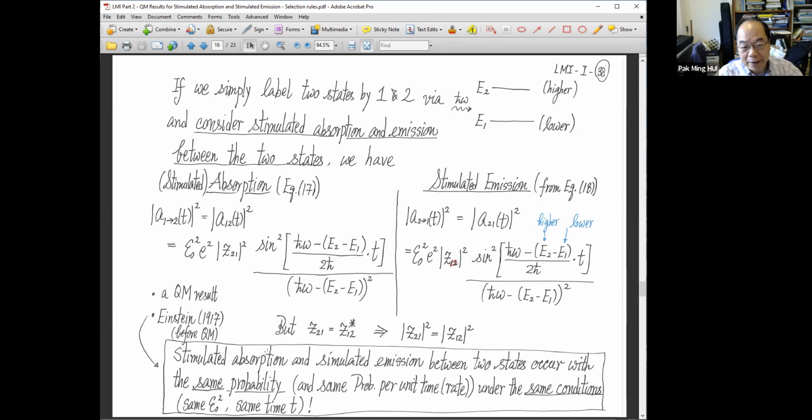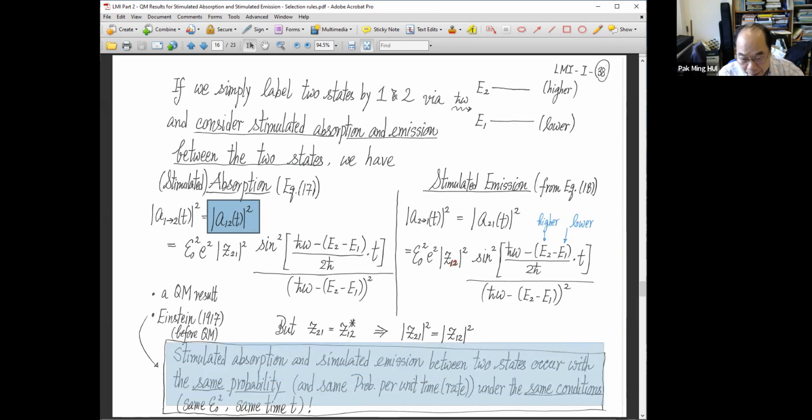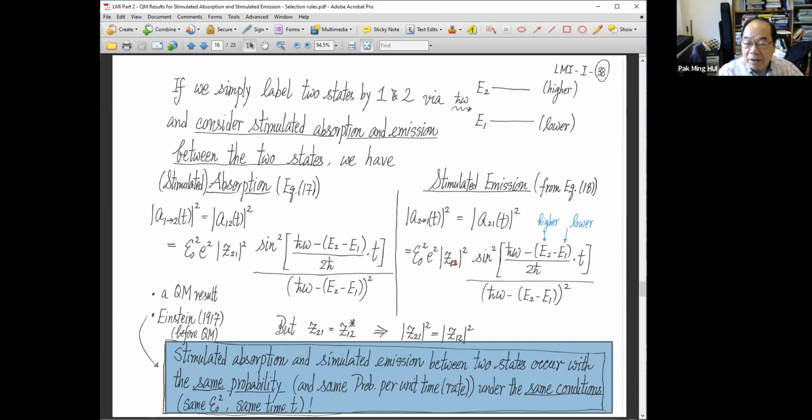We know one thing. When we consider this probability at time t, the absorption probability is the same as the emission probability. Okay, so this is summarized down here. This is a quantum mechanical result.